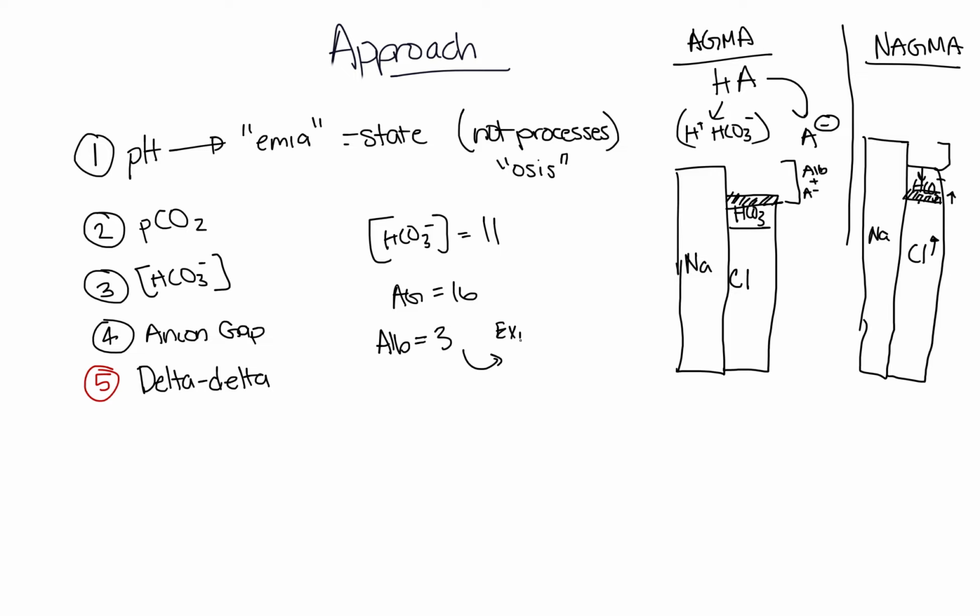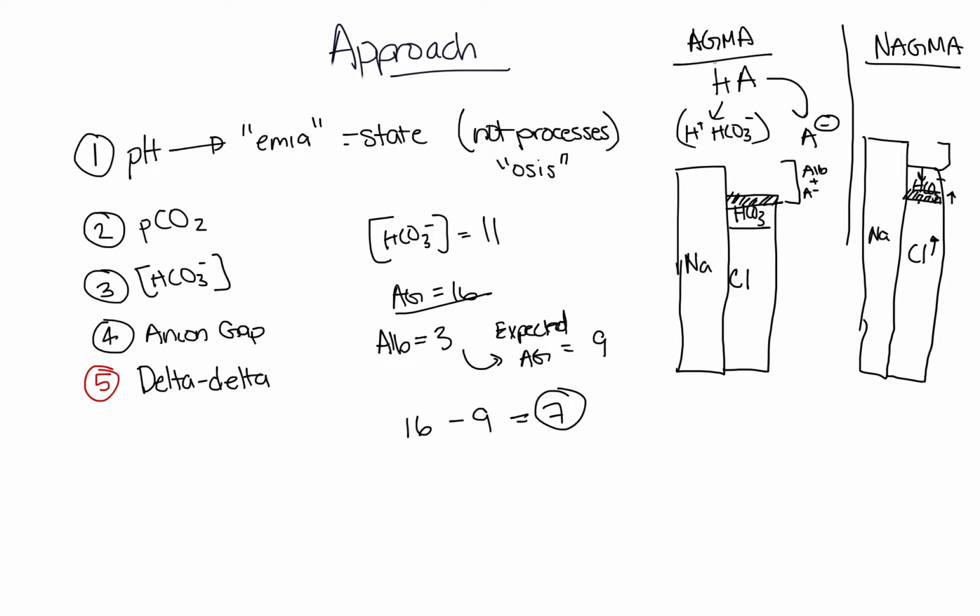So expected anion gap is going to equal 9 in this case, 3 times 3, right? However, this patient has an anion gap of 16. So if their anion gap is 16 and our expected anion gap is 9, that means there are 7 unexplained negatively charged molecules in the blood. That could be lactate, ketones, whatever it is, okay?